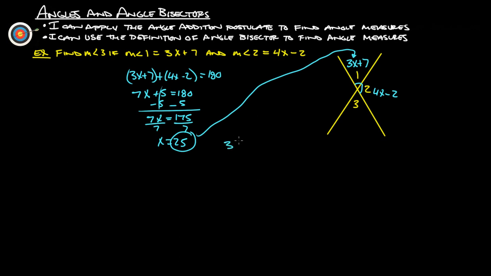So 3 times 25 plus 7. 3 times 25 is 75, plus 7 gives us 82 degrees, and that's going to be angle 1 and also angle 3 because those are vertical angles. They're exactly the same.